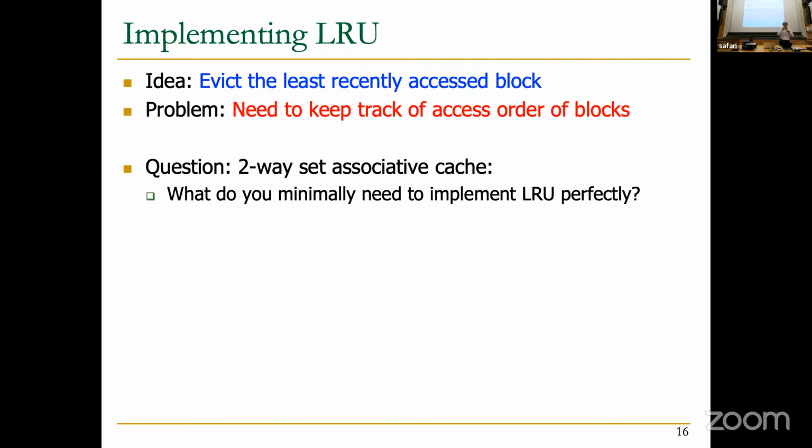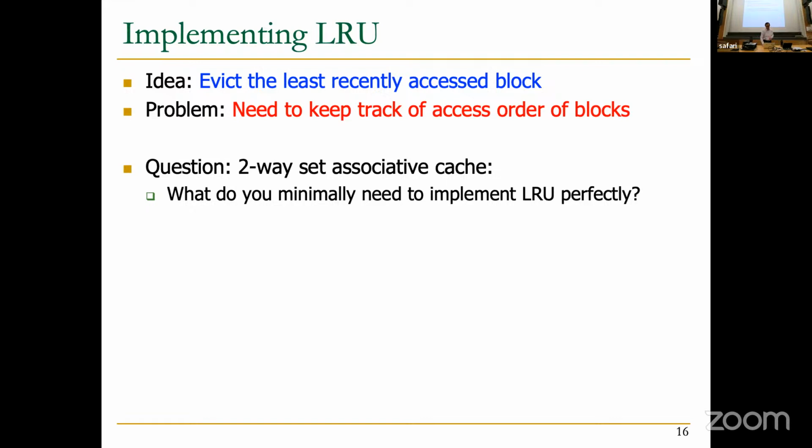Exactly. 1 bit to distinguish which one is the least recently used. Basically, you point to the way that actually is the least recently used or most recently used. So that's the minimal, actually: 1 bit. You can do it with more bits, of course, but minimal is 1 bit.